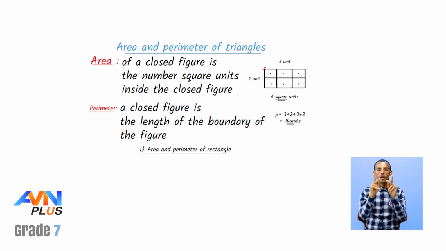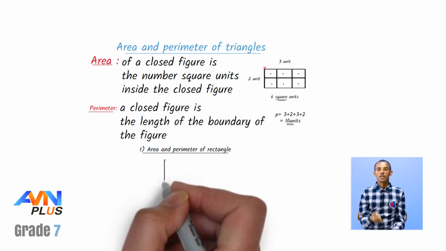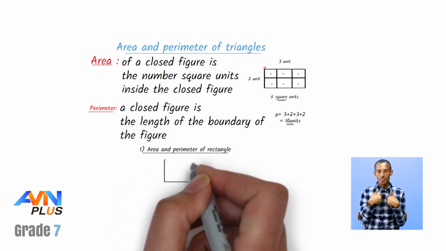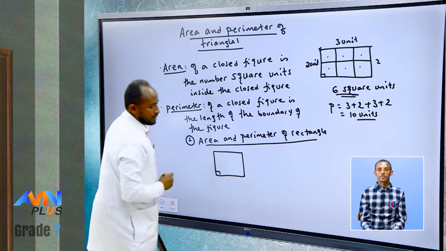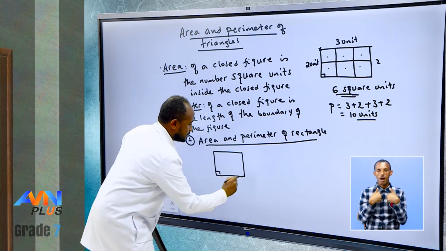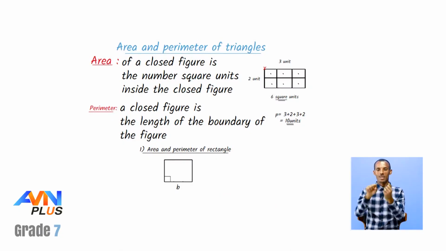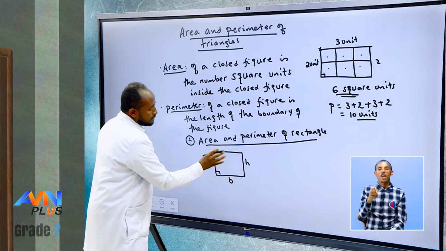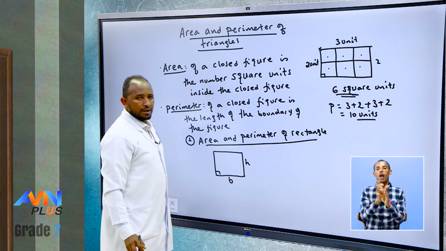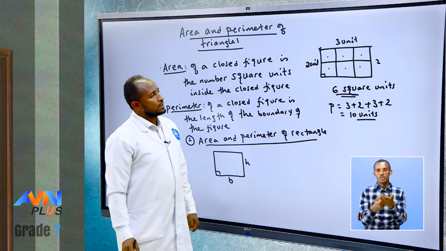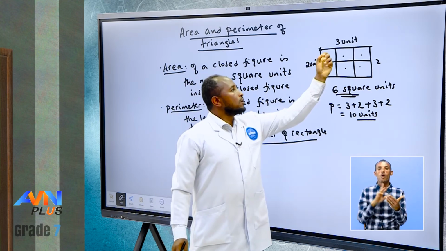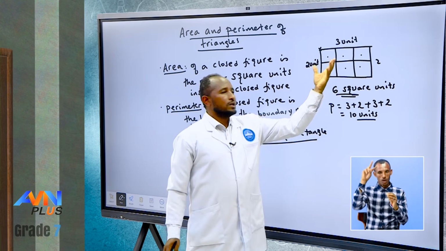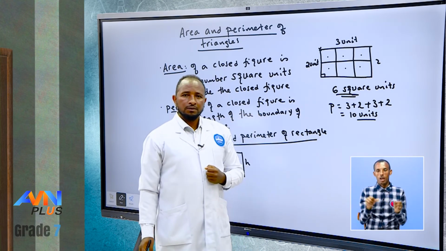Okay, here if you have a rectangle, and assume this length to be the base, let's take the letter B, and this one is the height. How do you calculate the area of this rectangle? Look, simply we can count the number of squares to find the area of this region.